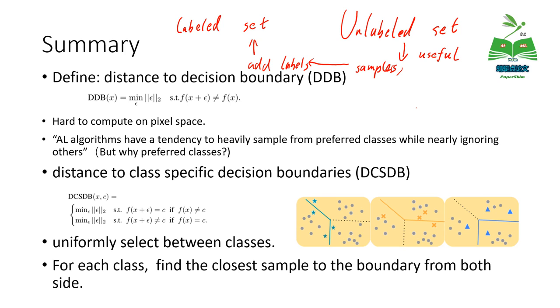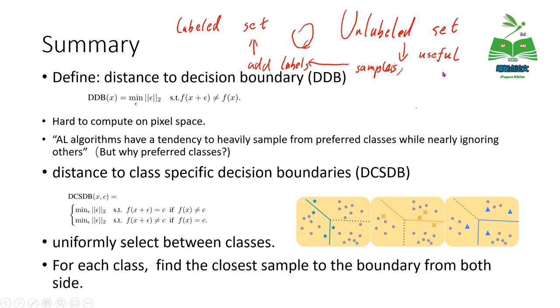It's not semi-supervised learning. It's active learning. It needs samples labeled by humans, and this pipeline will repeat for several rounds until we reach our budget. Because adding labels costs money, right? We need to spend money for labeling.